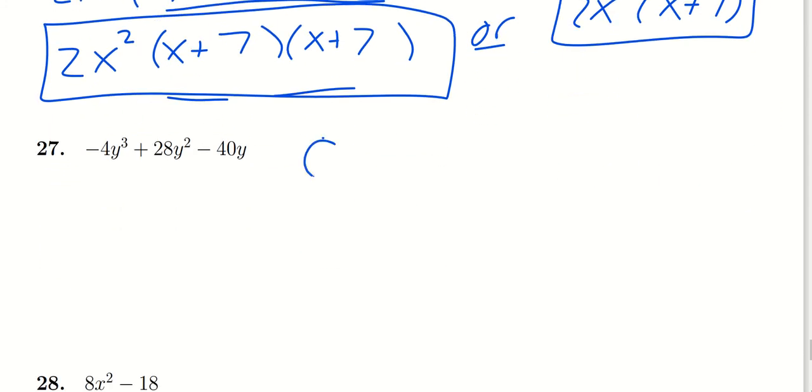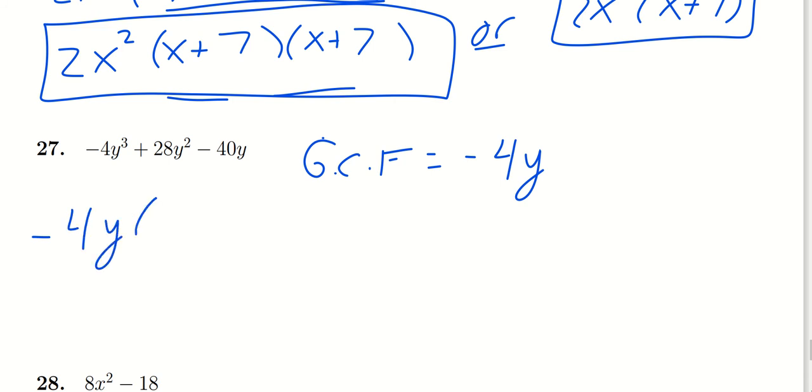In 27, we have a GCF to begin with. All of these have a 4y in common, but we're going to factor out a negative 4y because the leading coefficient is negative. When we factor out a negative 4y, you're going to be left with a y squared minus 7y plus 10.